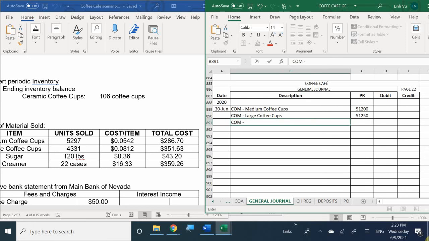Then comp sugar. I always put sugar with an E. Account 51,300.